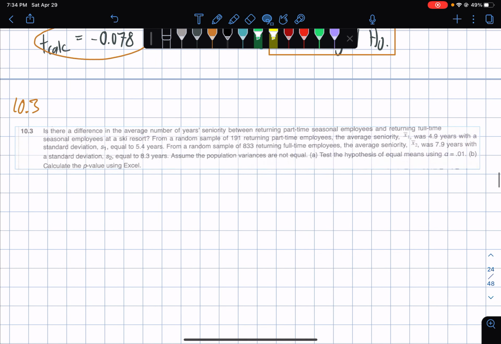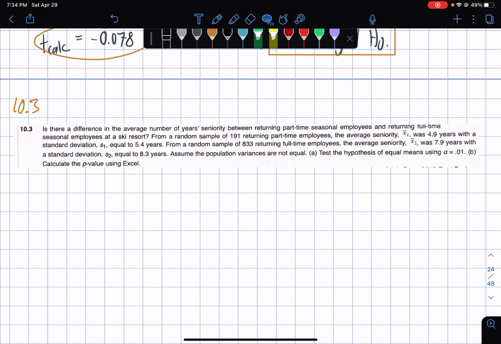Is there a difference in the number of years between returning part-time seasonal employees? Let's cut to the chase. Write down the important stuff.